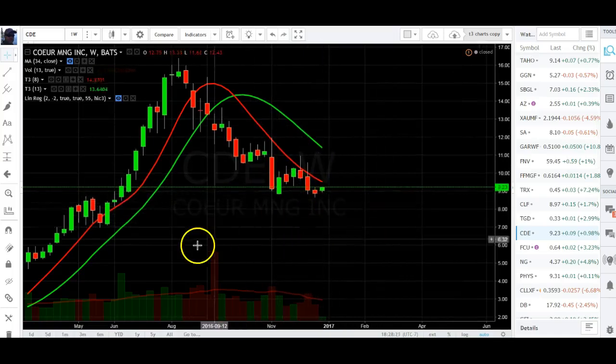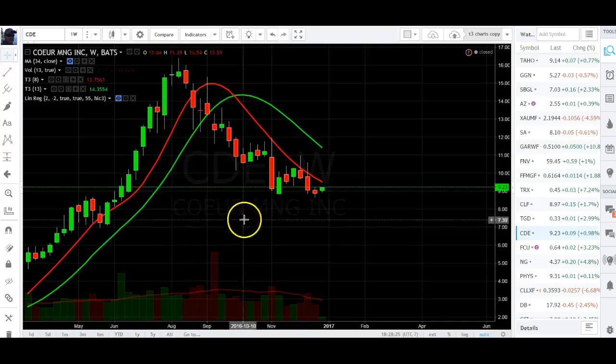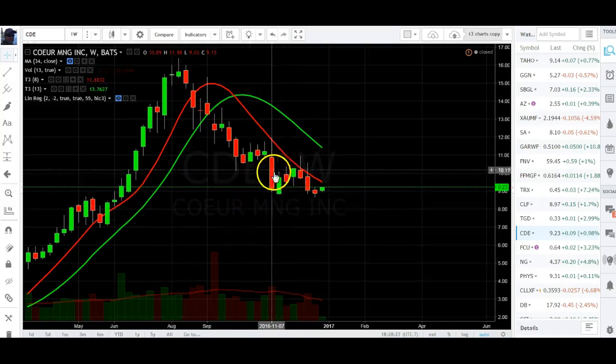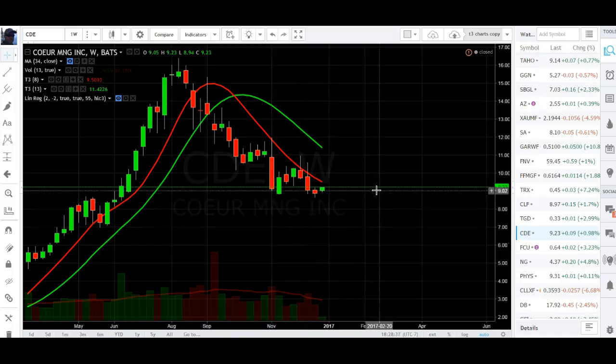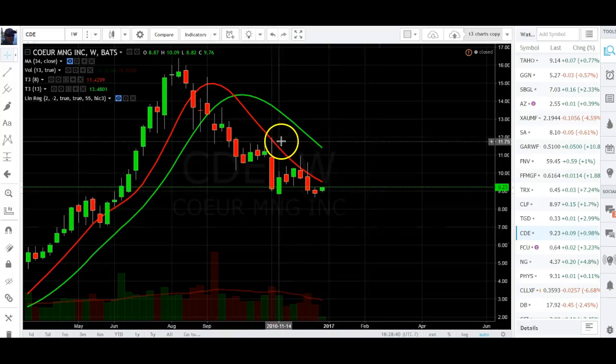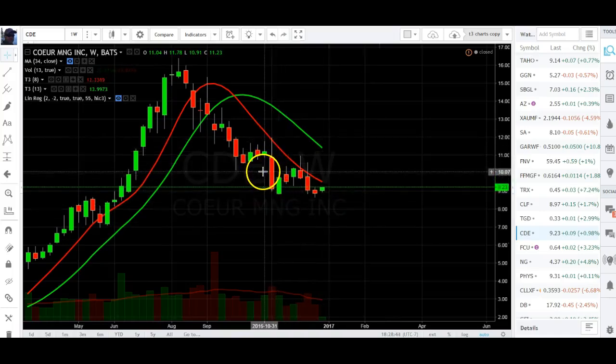Can't be for sure on this yet, but, well, I don't know, we got a 2-bar pattern here. No, that's not a... I was going to say that's a bullish piercing pattern, but it didn't get 50% closed.